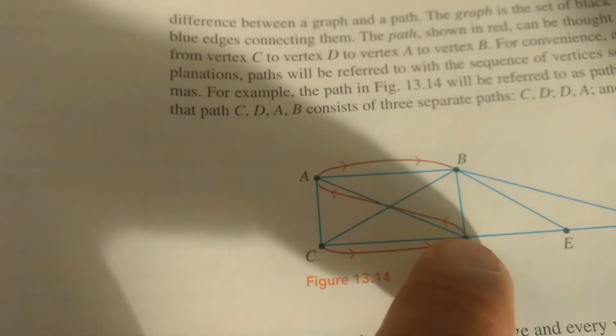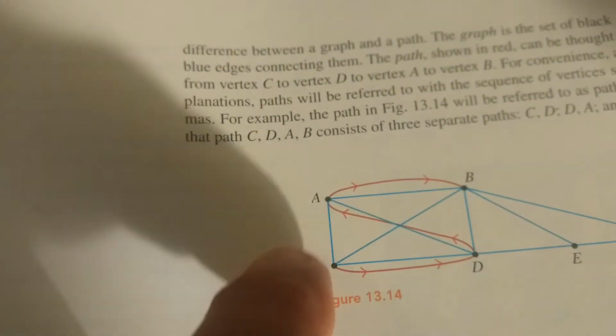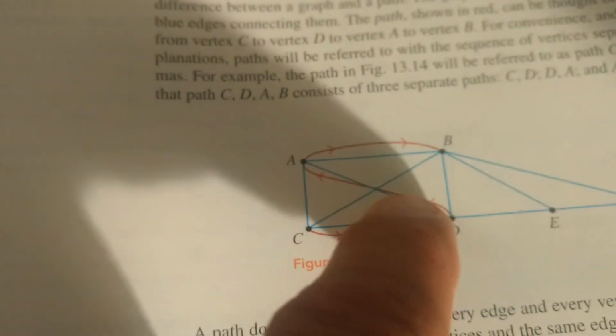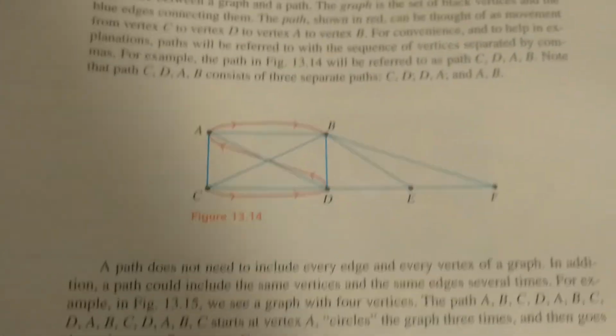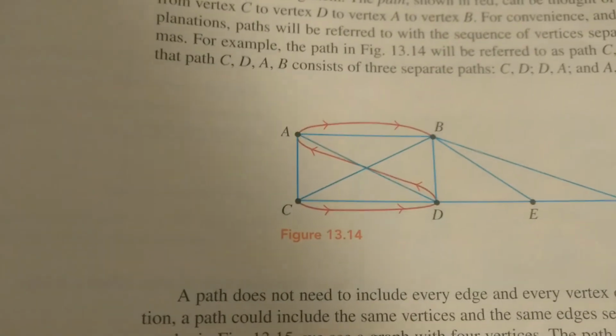We would go C to D, D to A, A to B. We could also go, here's another path, C to A, A to D, D to B. So understand in these problems right here, there are multiple answers and multiple pathways that you can take.